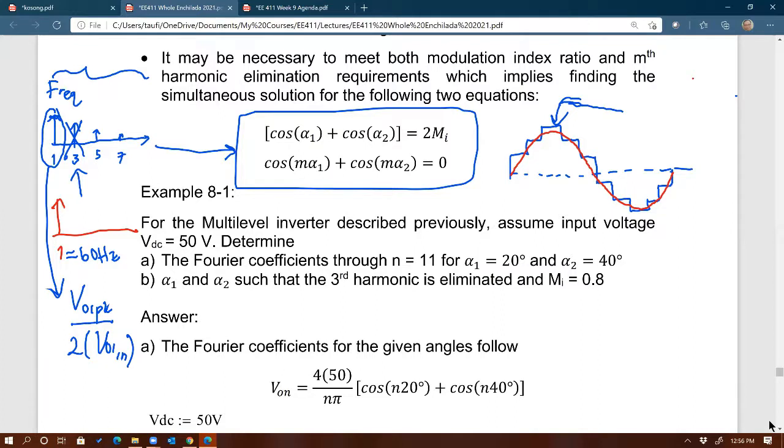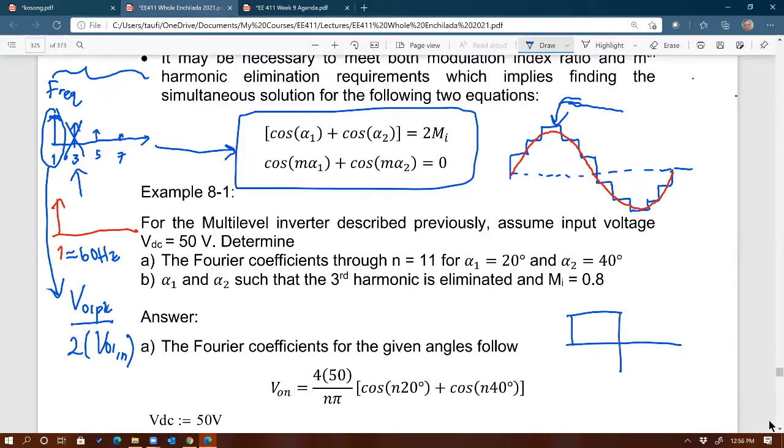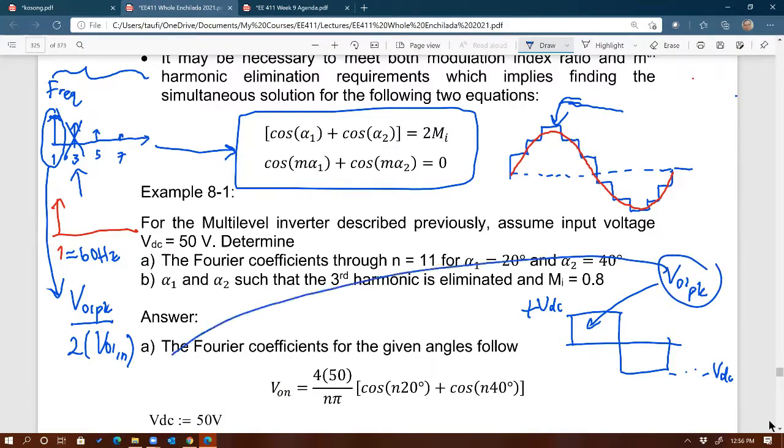Right? So the input is a DC input, but this DC input is creating the square wave. So if the input is like this, plus VDC, after you create the square wave, this square wave has the out 1 as well. The fundamental component value, that's the one that goes in the denominator right here.